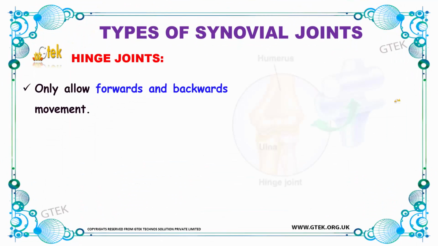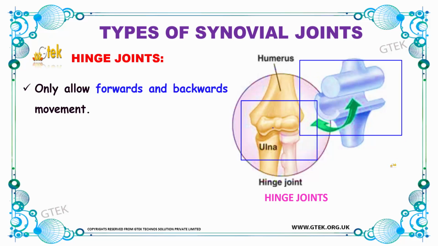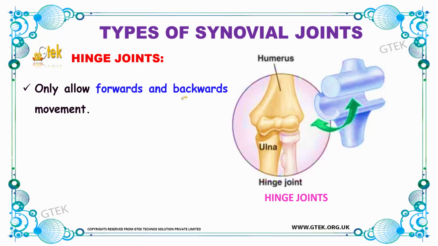Let us see hinge joint in detail. So if you see, your hinge joint can be found at the junction of your upper and lower arms location. So your humerus, that is your upper arm, and your lower arm ulna is joined using your hinge joint, and it gives the movement to be forward and backward.